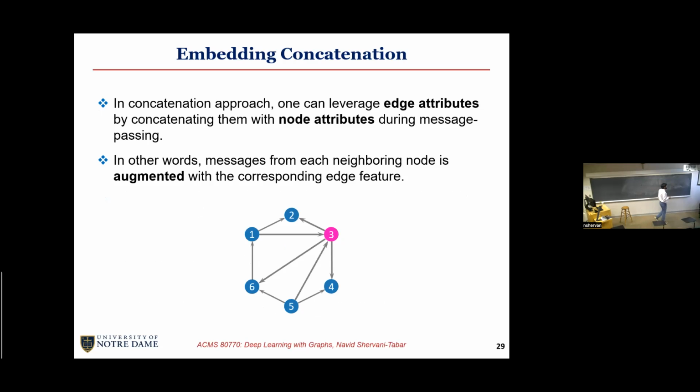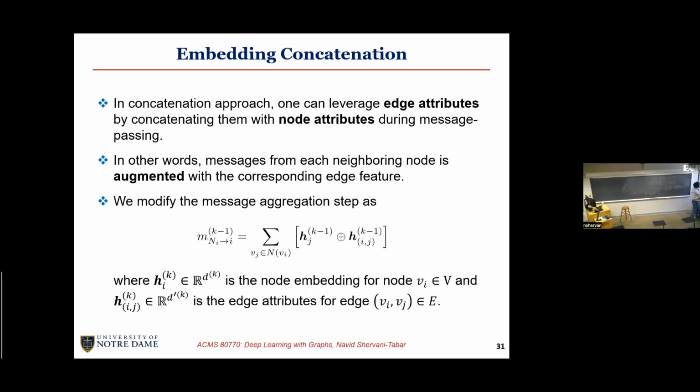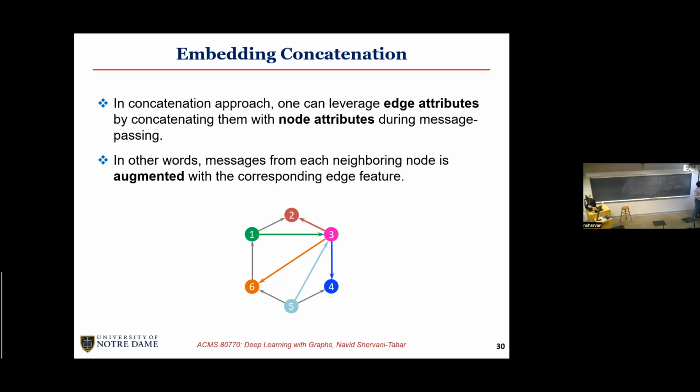Let's say each of these real values is shown with a different color. You see that different edges have different relations, different colors, and every one of them is unique. So what I do now is concatenate the embedding of this node with the embedding vector of the edge that connects it to the node I'm aggregating information for. Let's say it's a d-dimensional embedding vector on node 2.